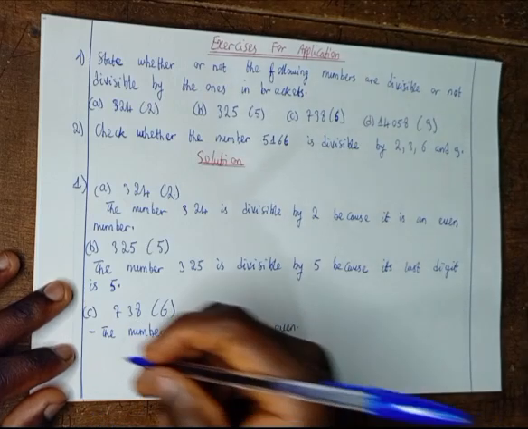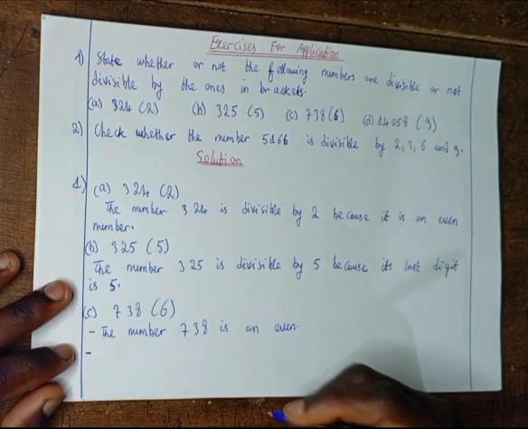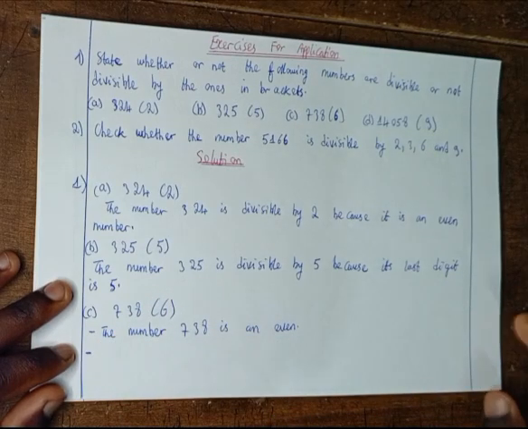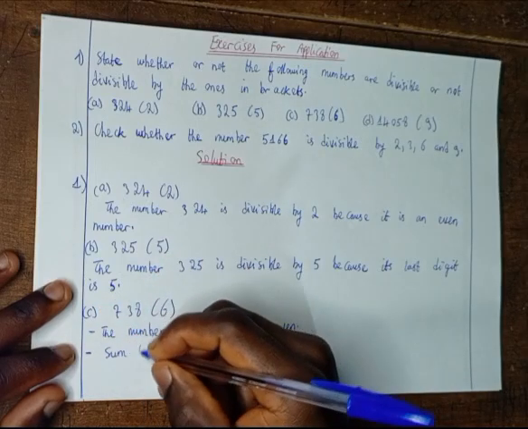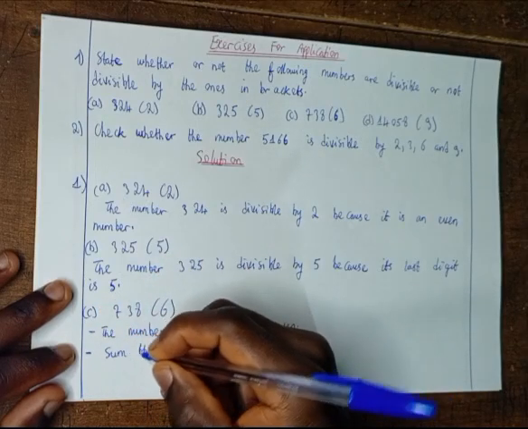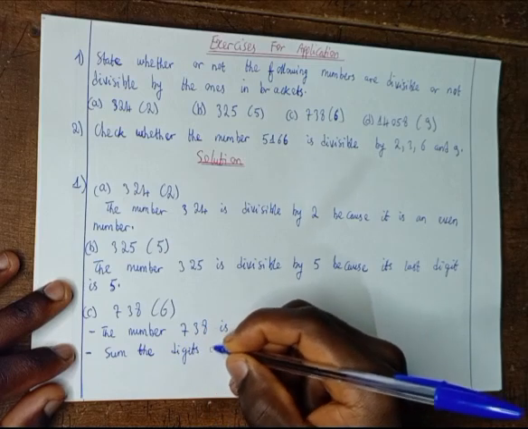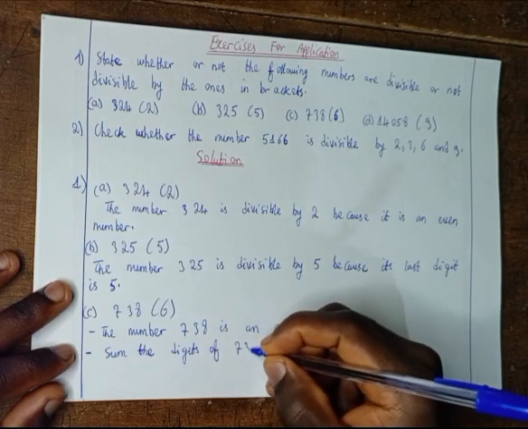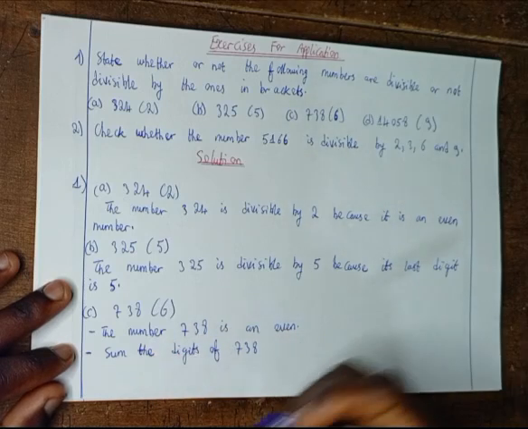Then the next point now, we have to check whether the number is divisible by 3. For us to check whether the number is divisible by 3, we are going to sum the digits of this number. If we sum the digits of the number 738, we have to check whether it is a multiple of 3.